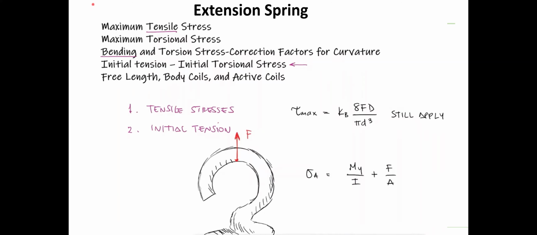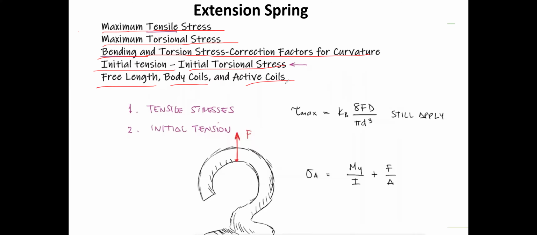What are those parameters that we have to take into account? Those parameters such as the maximum tension stress, the maximum torsional stress, the bending and torsion stress correlation factor, and what's the initial tension or initial torsion, or what's the free length, body coils and active coils?